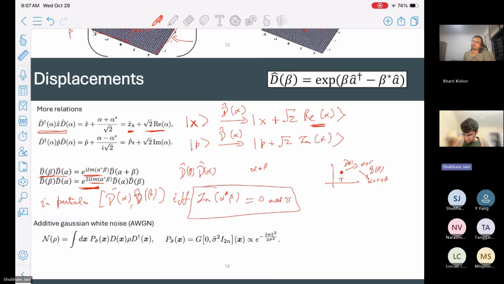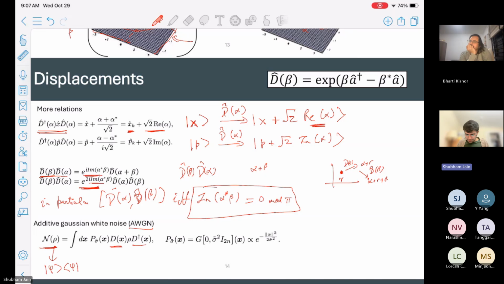Finally, I can mention what the displacement noise channel looks like. We call it the AWGN, or the additive white Gaussian noise. It is implemented by this superoperator here. So N of rho acts on rho, where rho is some density matrix. You can imagine this as this operator, where psi is some state, and it acts as follows.